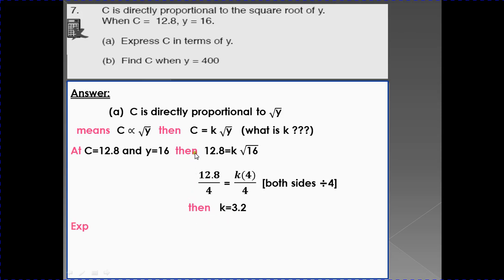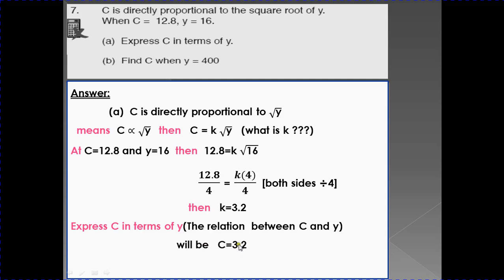Then return again to the relation. He said express C in terms of y. Then you can write in this relation C equals 3.2 multiplied by the square root of y. This is the relation between C and y.